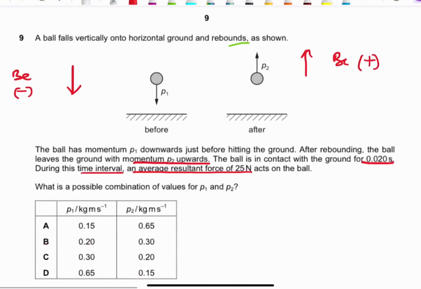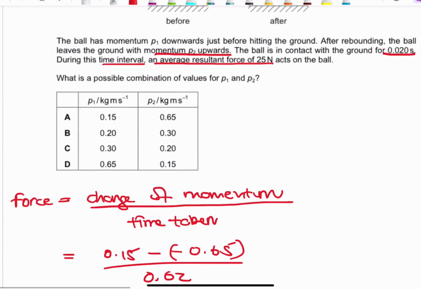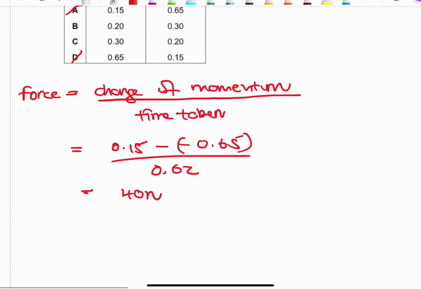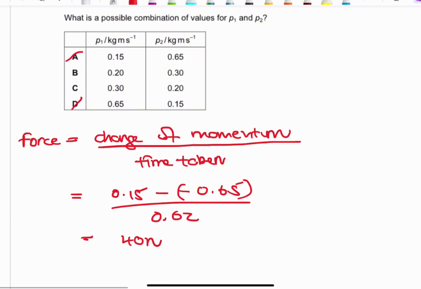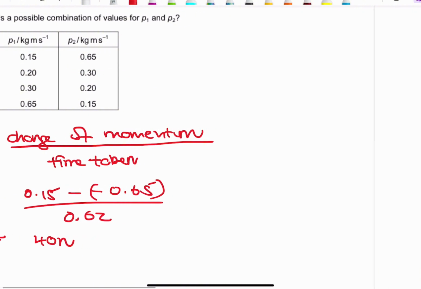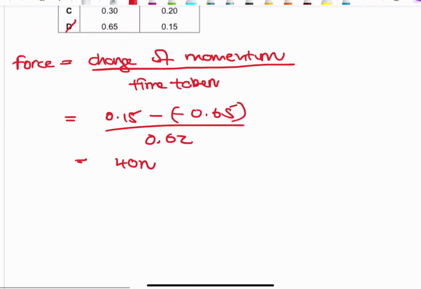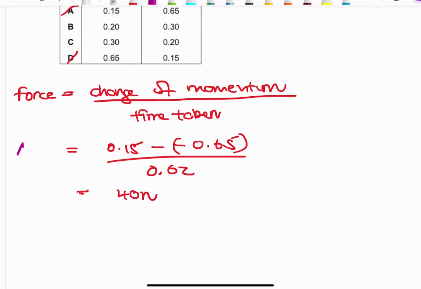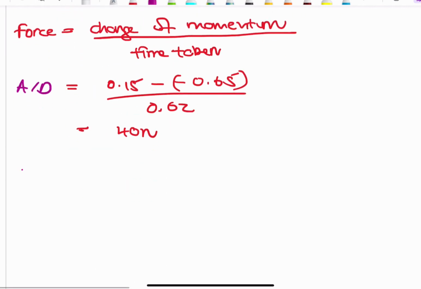Do we have 40 newtons? We actually have 25 newtons, meaning that A and D are wrong because they're going to give me the same answer. It's just a difference of which one you take to be first, because it's going to be 0.65 minus 0.15, right? Moving on to B. So this is for A and D. Let's go for B, right?